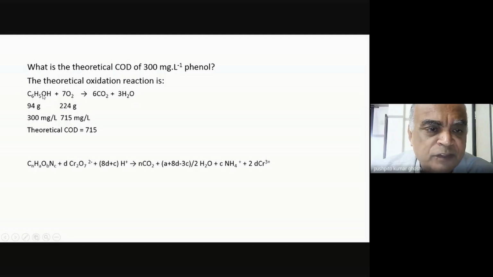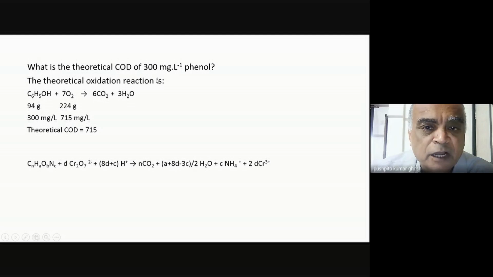You can see phenol has a molecular weight of 94, and 7 oxygens will be 32 multiplied by 7, which is 224 grams. So basically, if I've got 300 milligram per liter of this, then I will require 715 milligrams per liter of oxygen.